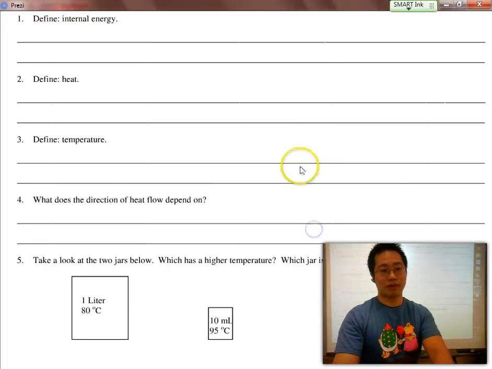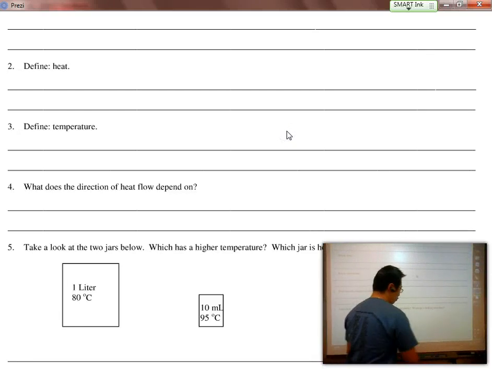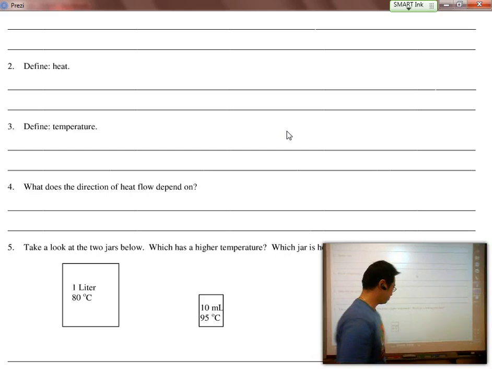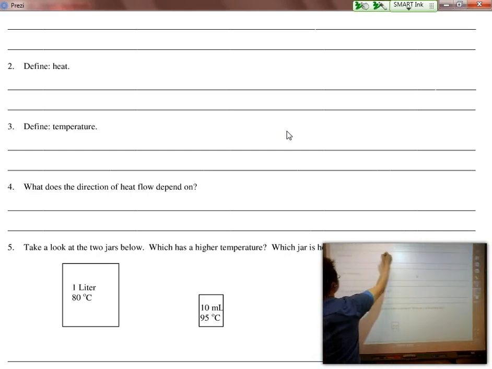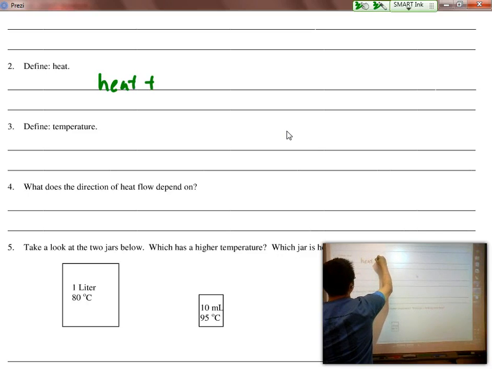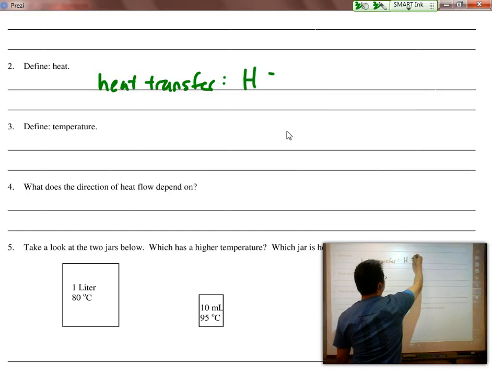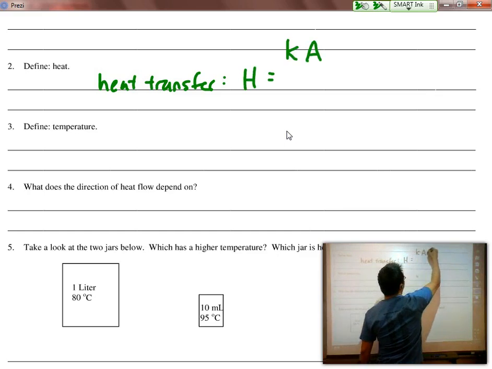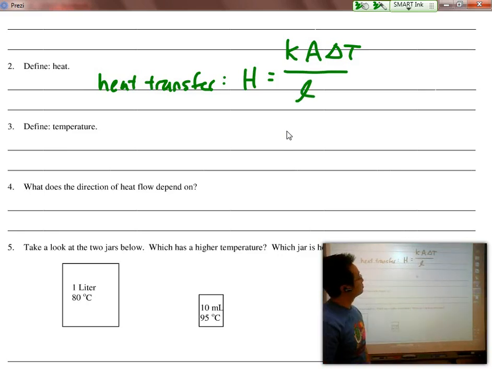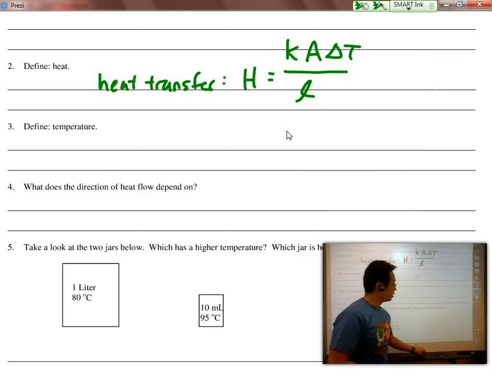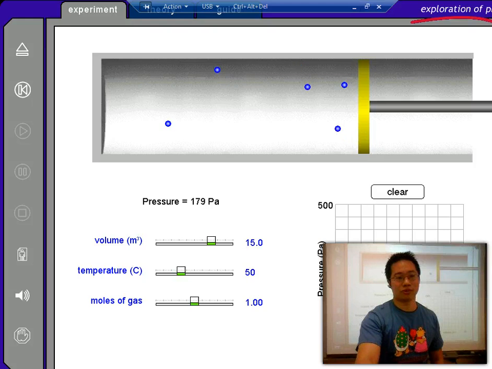Now, if I go back to heat itself, we're talking about, again, the transfer of energy. And there's actually a formula for that transferred energy. The formula for heat transfer is H equals K A delta T over L. Let's bring it into an example so that it'll be easier to understand.